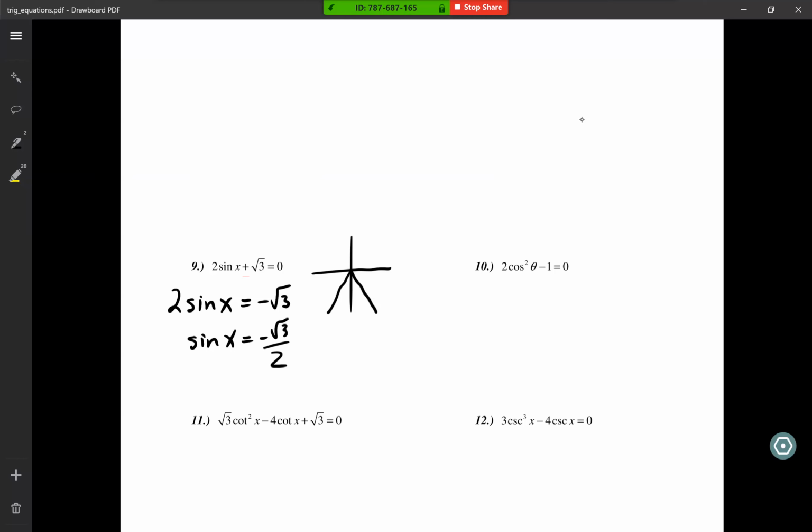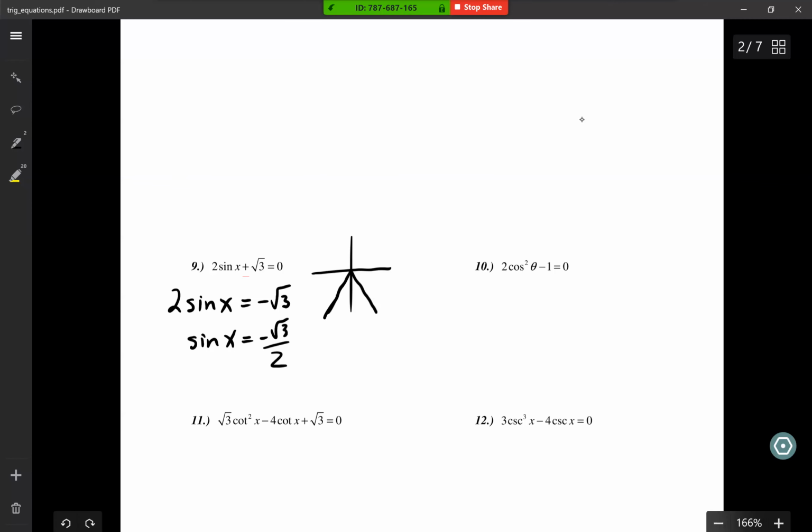I think it's 60, right? It's the pi over 3, right? Okay. Well, pi over 3 is up here in quadrant 1, but I know that that's my reference angle, the pi over 3. So what angles must be down here to give me negative root 3 over 2 then?